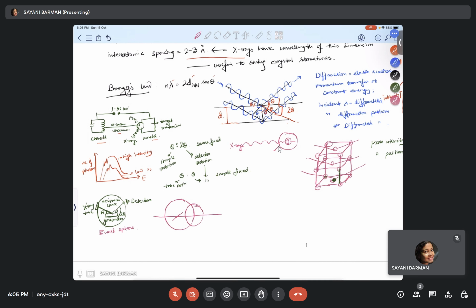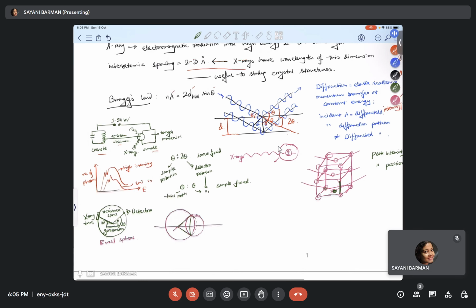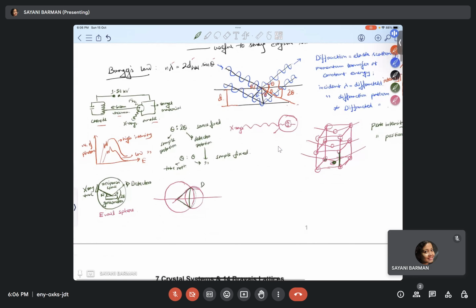And here a cone shape happens, and this cone is called the Debye cone.